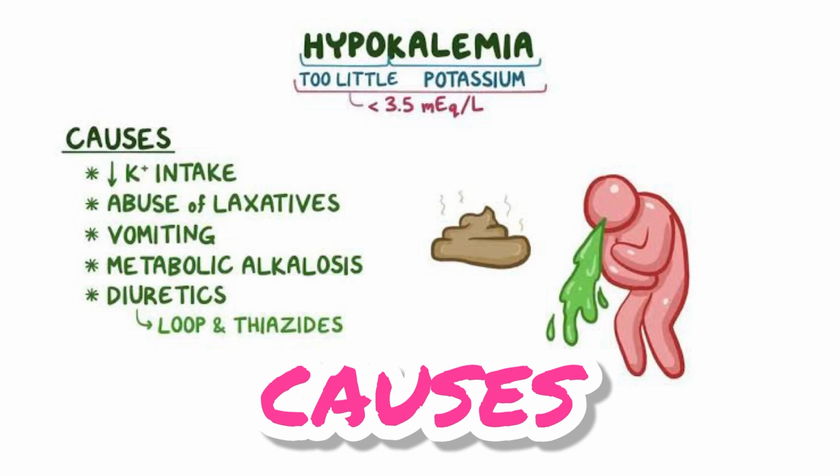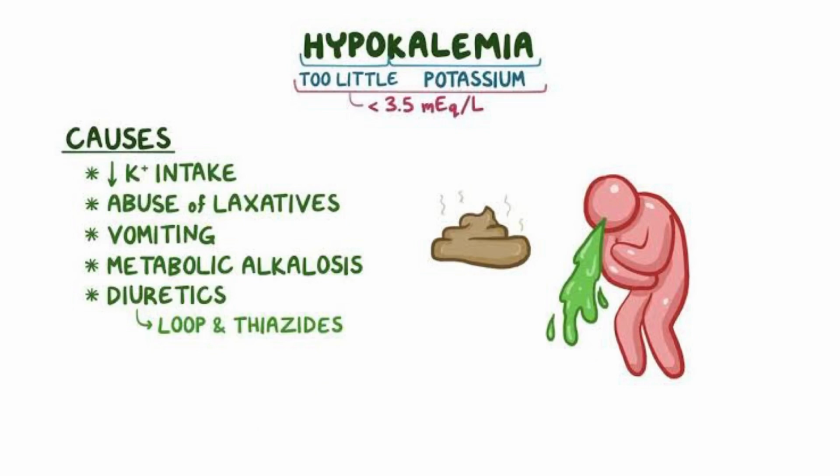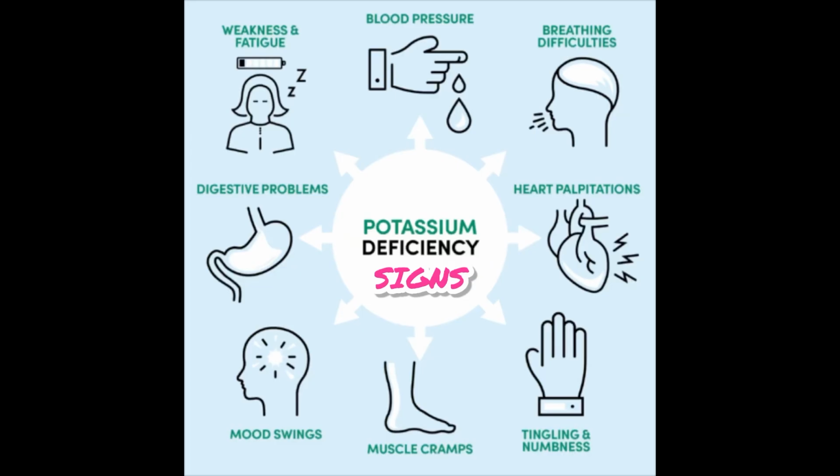Now let's proceed to the signs and symptoms of hypokalemia, that is, what signs and symptoms will be there if the patient is suffering from hypokalemia. These are the main signs and symptoms if the patient has a deficiency of potassium in the body. First is weakness and fatigue, meaning the patient will always feel weak and fatigued.